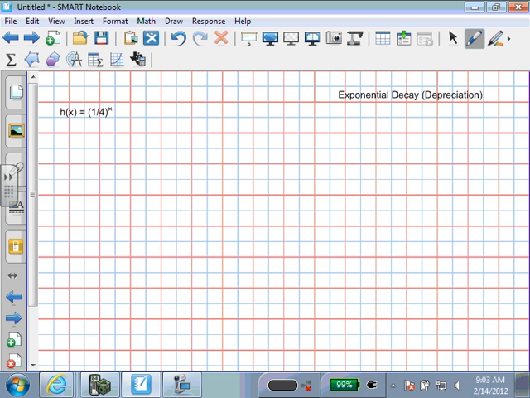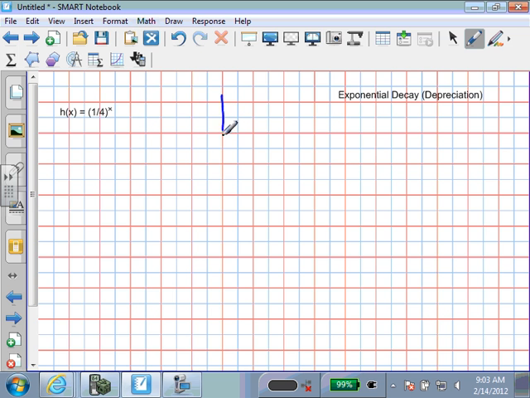If I use a base that's smaller than 1, like 1/4 raised to the x, I get, instead of growth, I get decay. And for some things, like cars, iPads, we use the word depreciation because they're losing value.